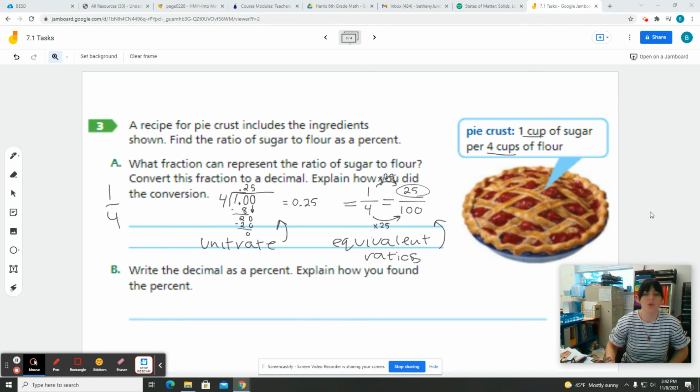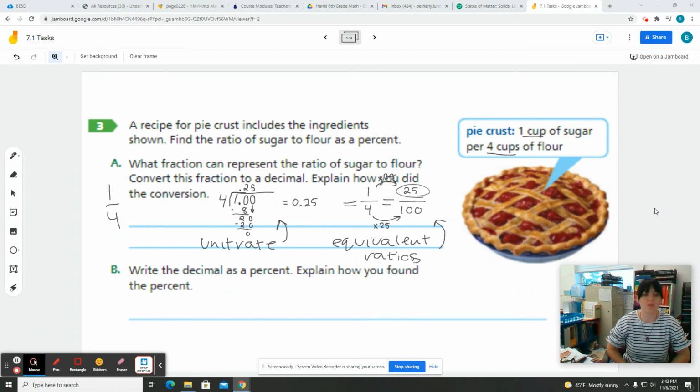Okay. You may use either one of these when it is asked if you have a fraction and you need to convert it to a decimal. And either one of these works. You do not have to do both of them. Choose one that you like the best out of these 2 and stick with it. Just do that every single time. But sometimes it's easier doing it one way or the other, but it's up to you.